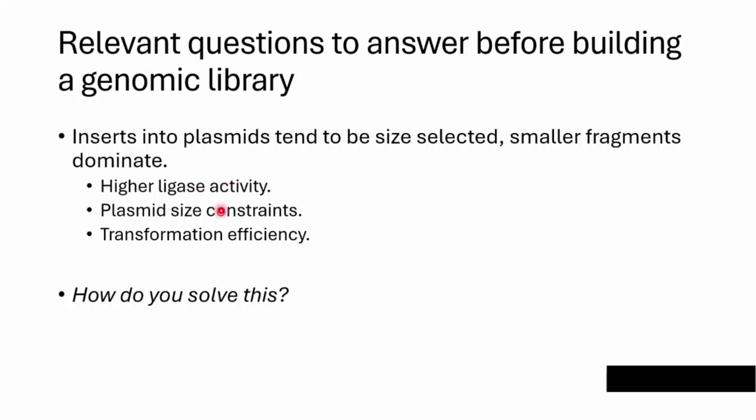Plasmid size constraints. So you have a small plasmid. They have limits in terms of how much DNA you can put in there, again just because of the physical properties of the plasmids. And this one is a very interesting one: the transformation efficiency. So your bacteria, you will make porous to allow the plasmids to go in.